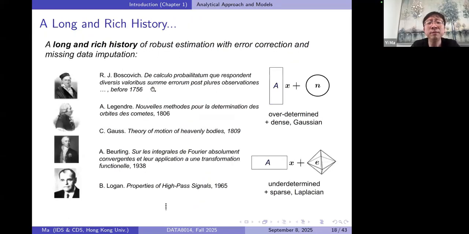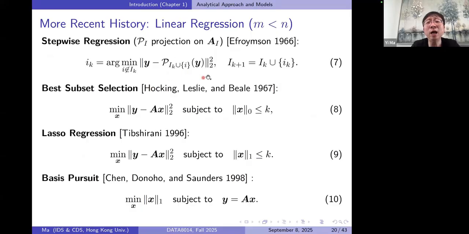Can we do that? How can you select only a few columns of A to regress Y? This is also called best subset selection: just pick X with fewer than K non-zero entries, so you're only allowed to use K columns of A to regress Y. So what's the best solution?